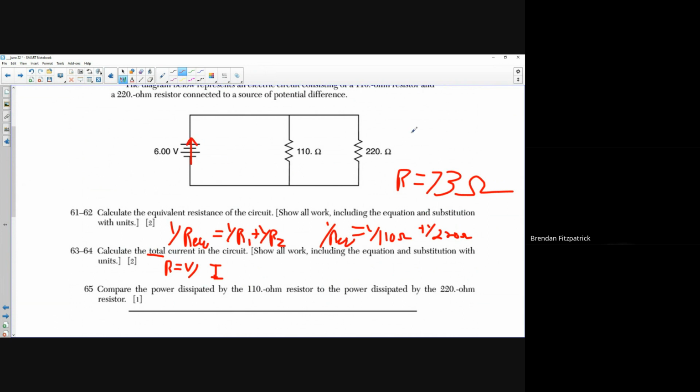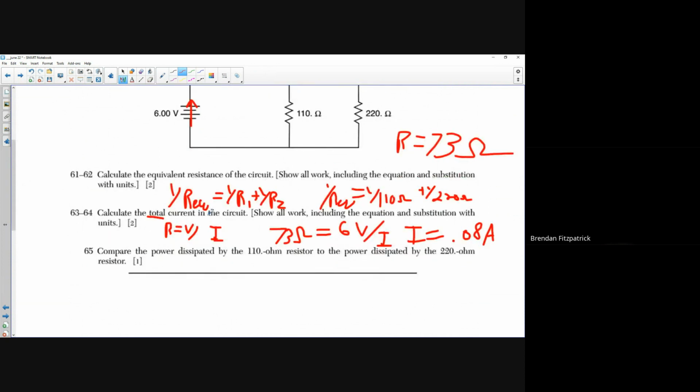So I have to use the equivalent resistance, not just one of those. 73 ohms is equal to 6 volts divided by I. So when I solve for I, the current has to be 6 divided by 73, which is really small, 0.08 amps. Yes.